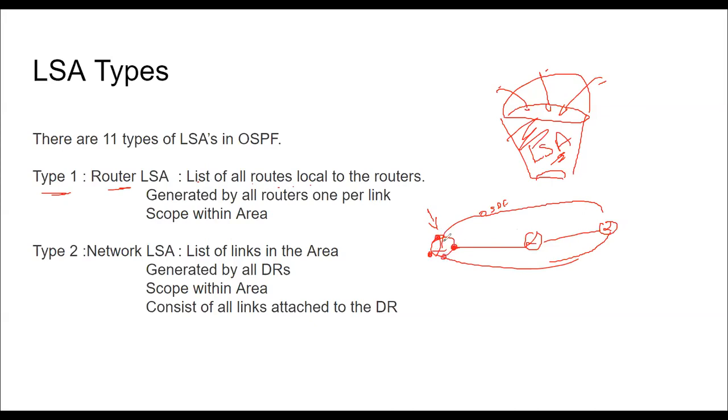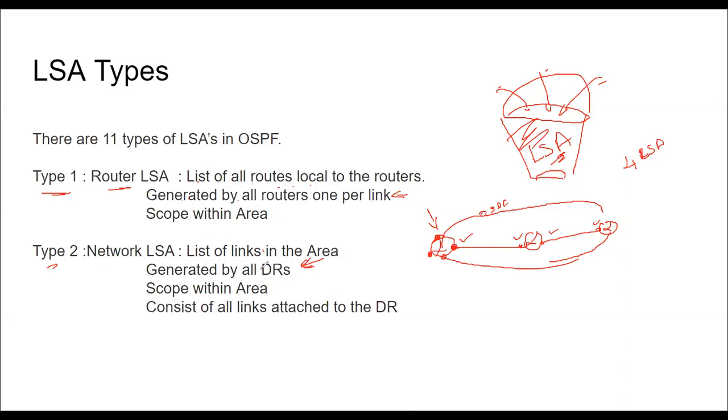It is generated by all the routers, one per link. So for example, I have enabled OSPF here, here, here, and here. So the total number of router LSAs will be 1, 2, 3, and 4. There will be four router LSAs. Each link generates 1.